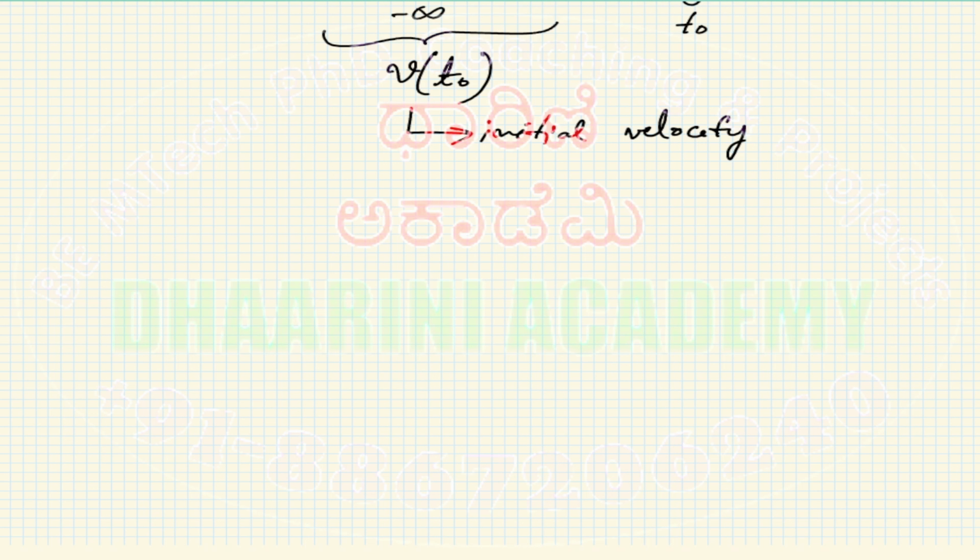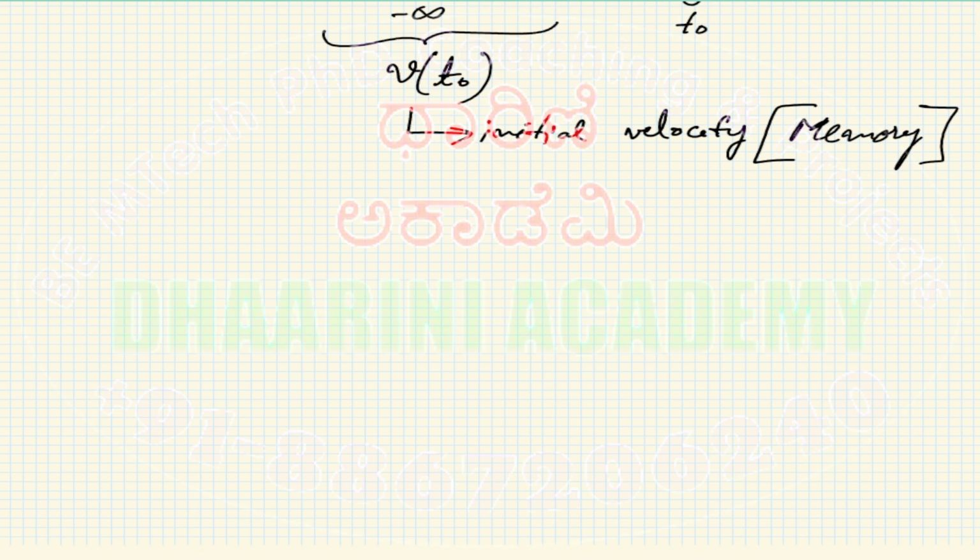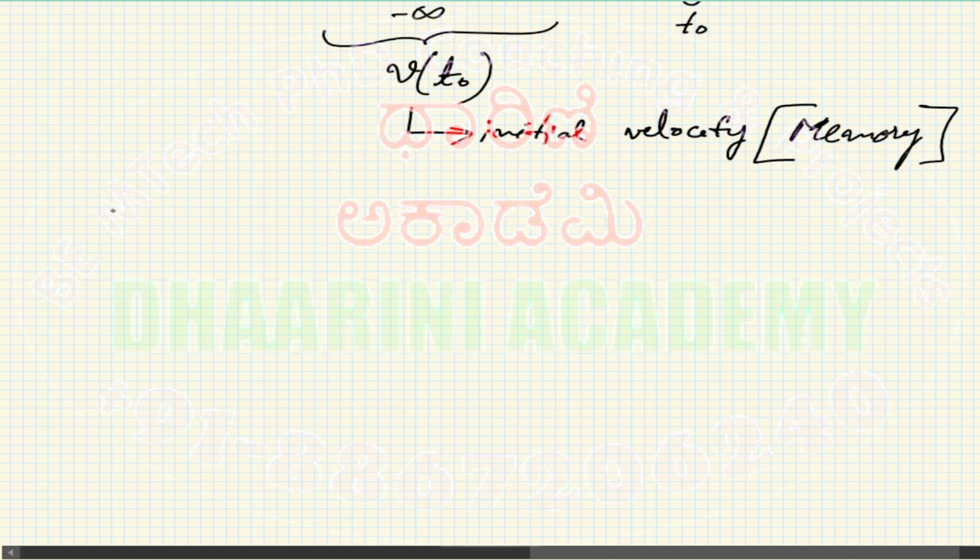This initial velocity itself is the memory. Dependent on the memory, the system's characterization and the subsequent behaviors will change. That is very important to understand.